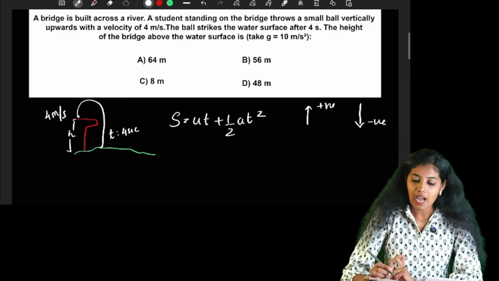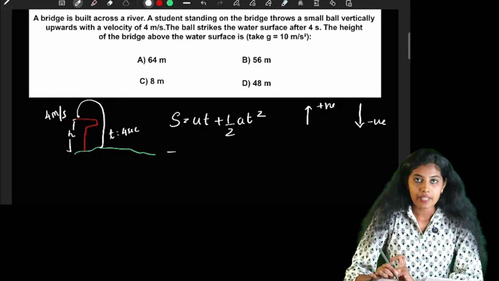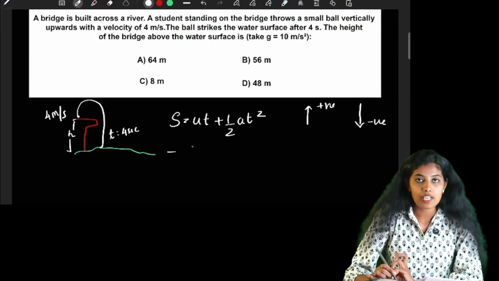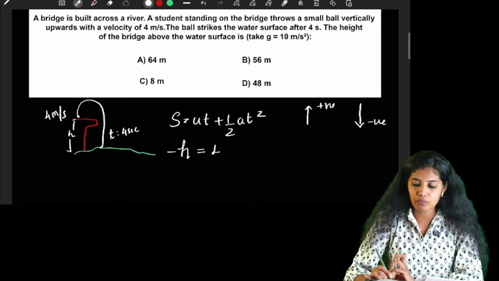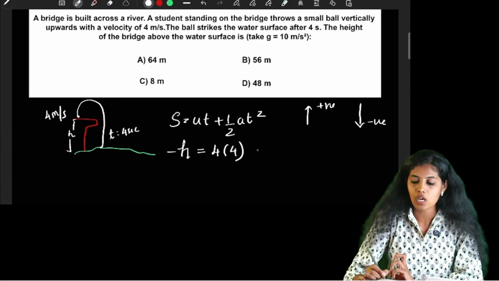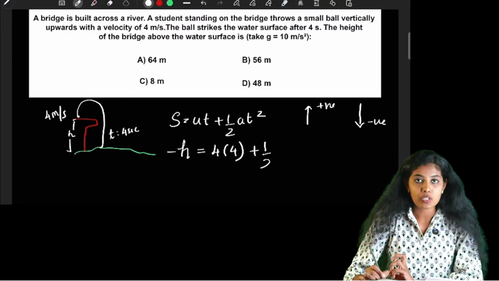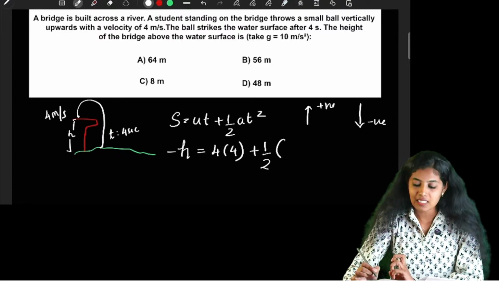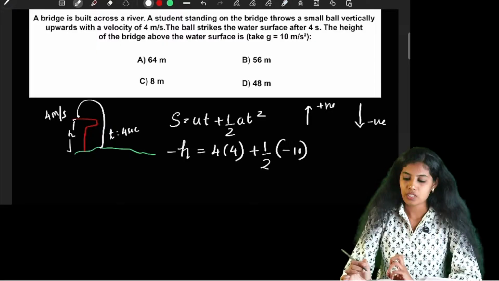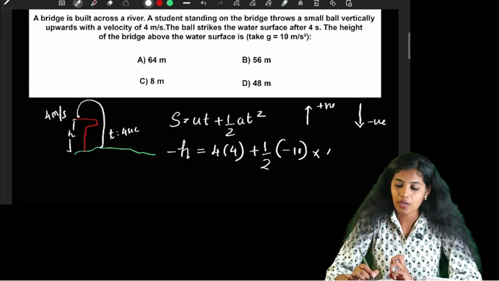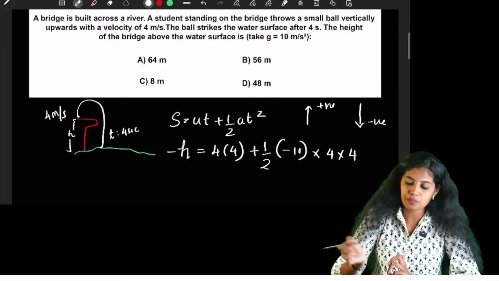So what about this height? We don't know the height; we are supposed to find it. So instead of s, we can write minus h. Minus h is equal to initial velocity 4 times time 4, plus half into acceleration. Acceleration is minus 10 because we are taking downward as the negative direction. And t square is 4 square, that is 4 into 4.